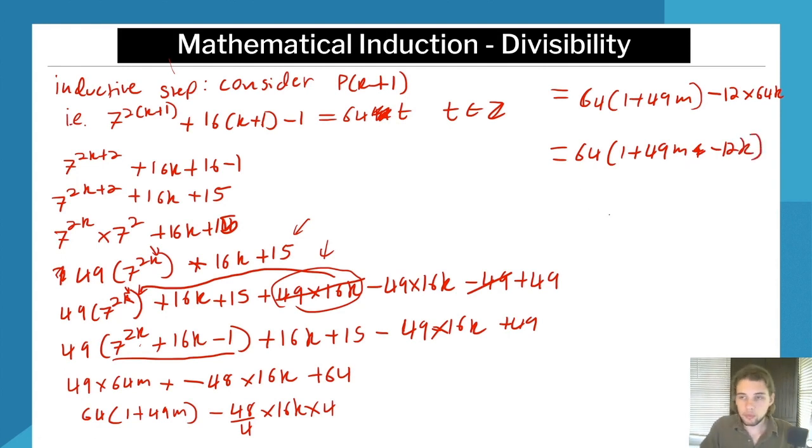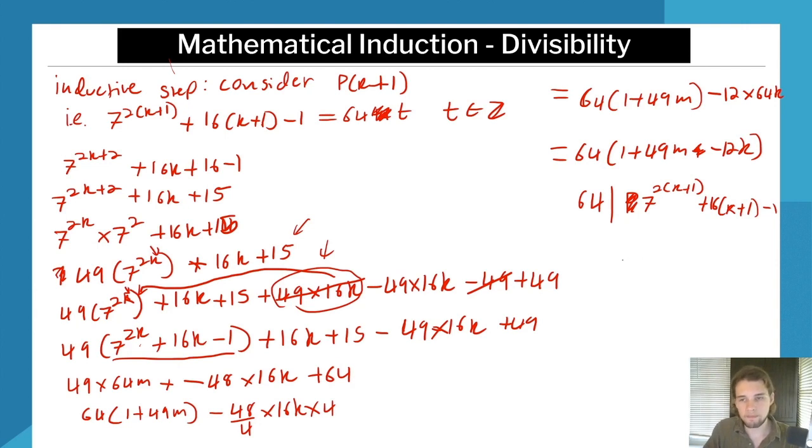Now, this point allows us to immediately say everything must be divisible by 64, obviously, because we have that on the brackets outside, and m and k are both integers. So that means we have 64 divides 7 to the power of k plus 1, plus 16k plus 1, minus 1.